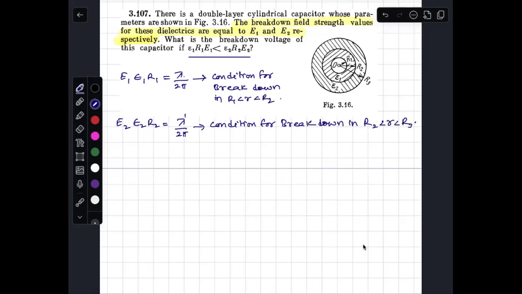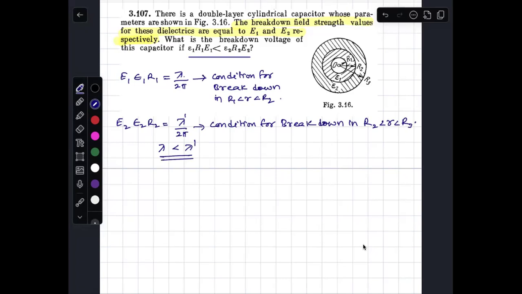Agreed? Now from the question, what is the condition given? Lambda is less than lambda dash. Whatever the charge per unit length right now is less than lambda dash.